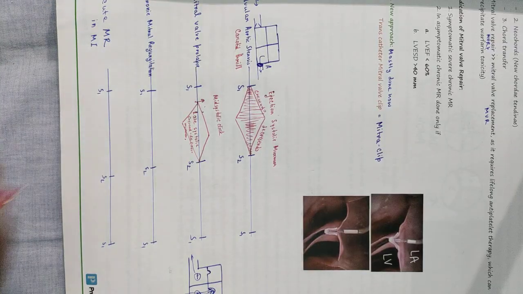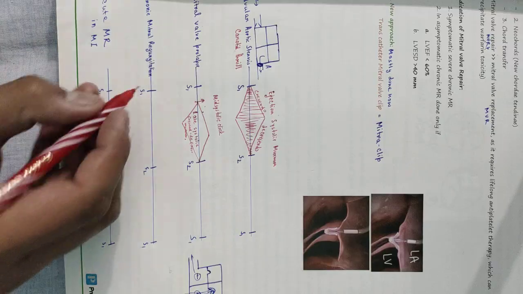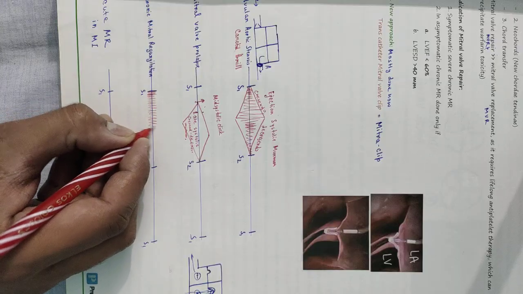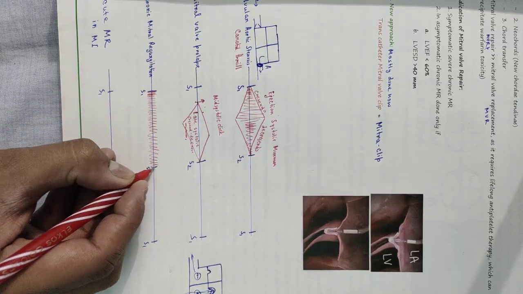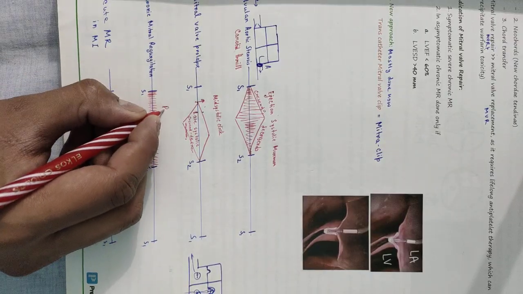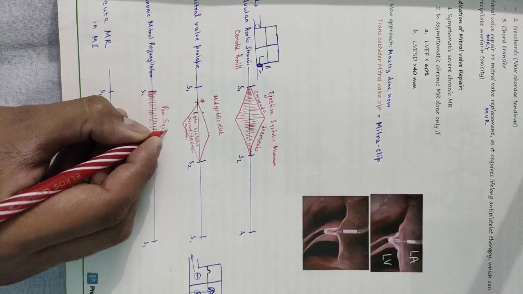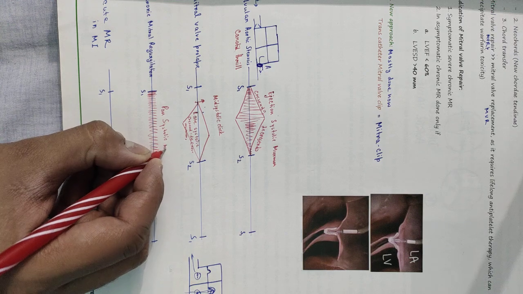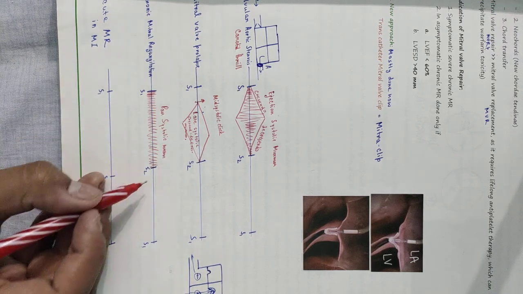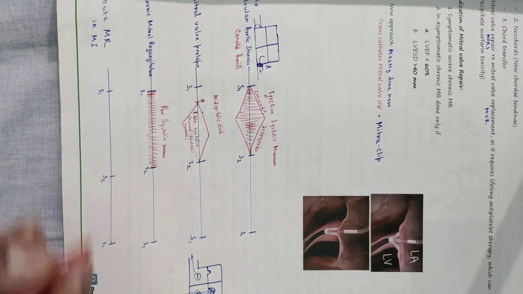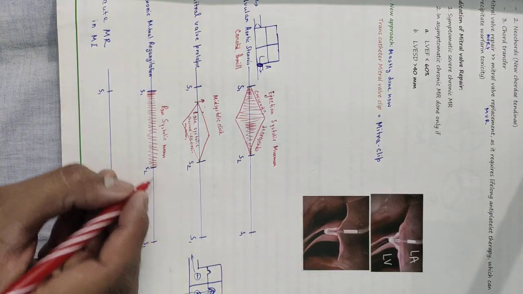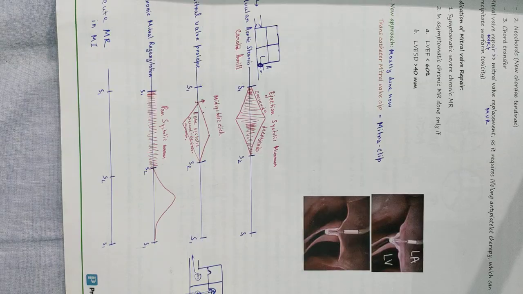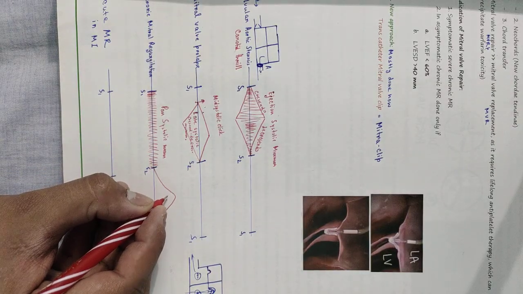So throughout the entire systole, I have a murmur, S1 to S2 is the systole. This is the pansystolic murmur, and then in the diastolic phase I have a mid diastolic murmur, that is this. Okay, this is a mid diastolic.